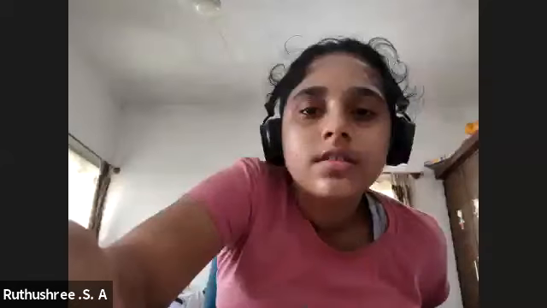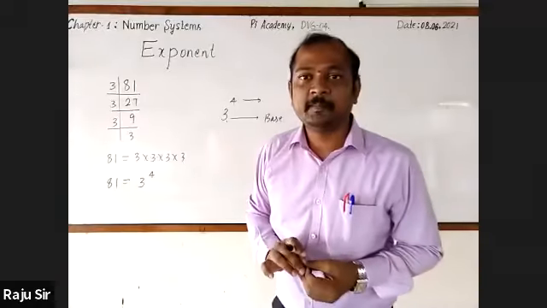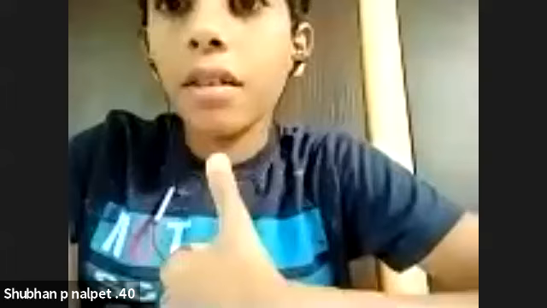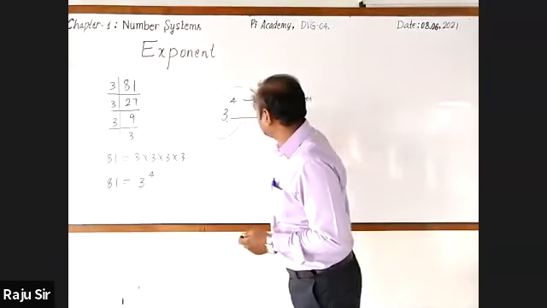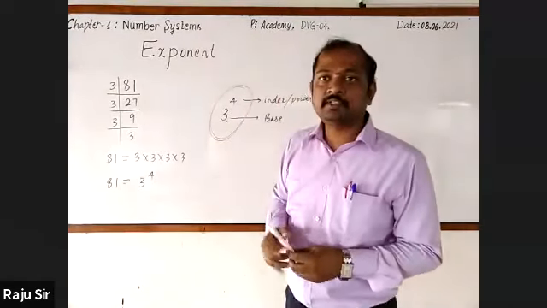Base. 3 is the base. 4 is called the power or index. Then all together it is the exponential form of the given number.